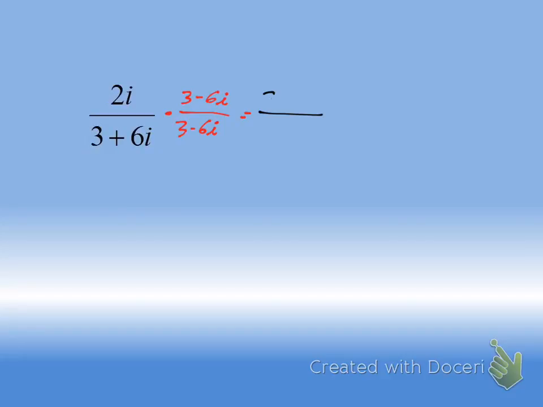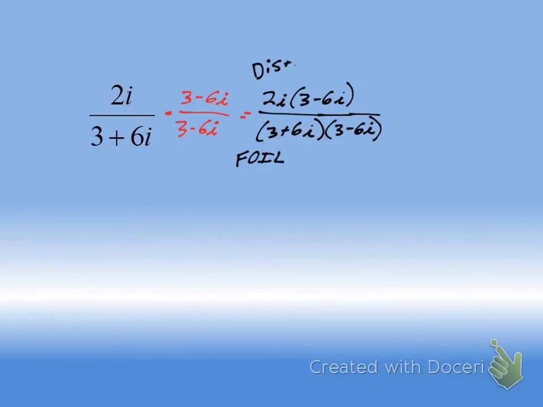Okay, so 2i times 3 minus 6i over 3 plus 6i times 3 minus 6i. Up top, we're going to do what starts with a D? Distribute. Down below, 4-letter F word. Foil.